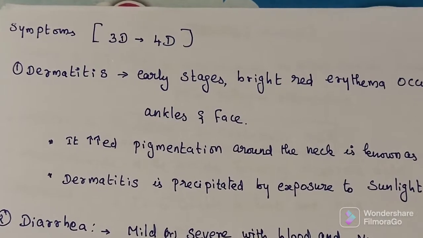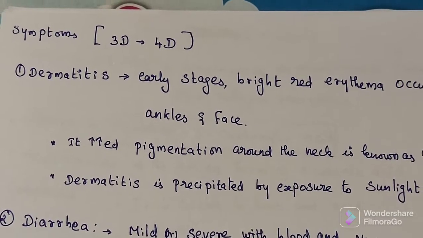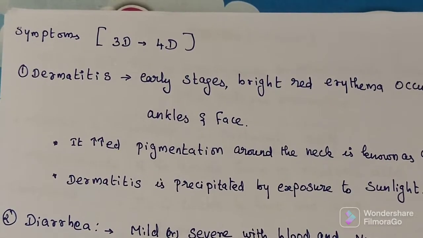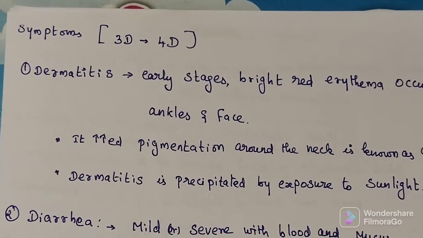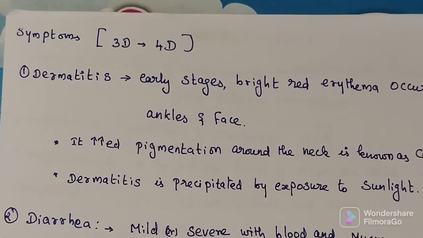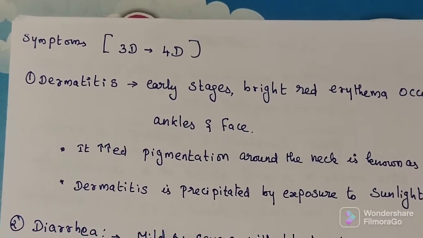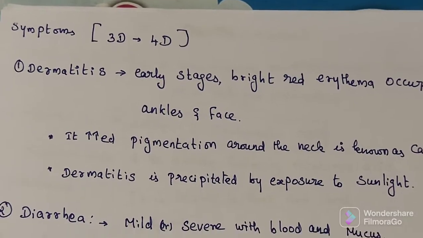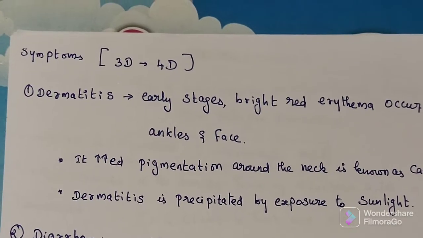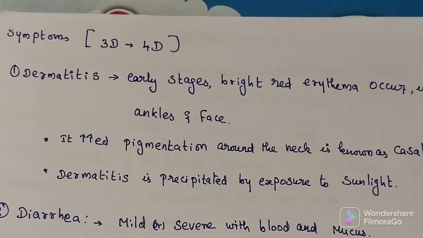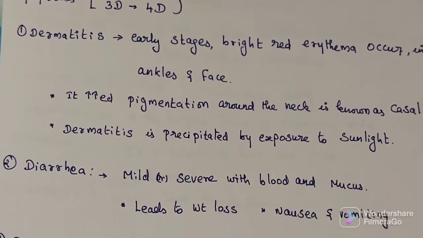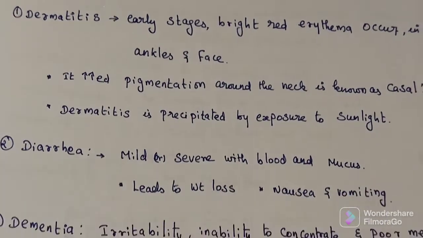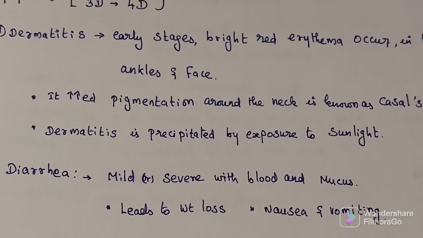It causes three different types of D symptoms, and if untreated it leads to a final fourth D. What are the 3D symptoms? Dermatitis, diarrhea and dementia.